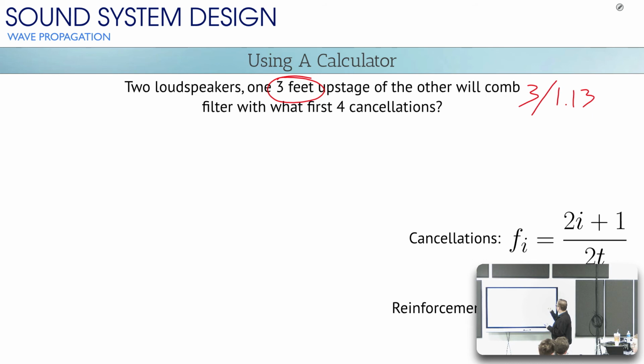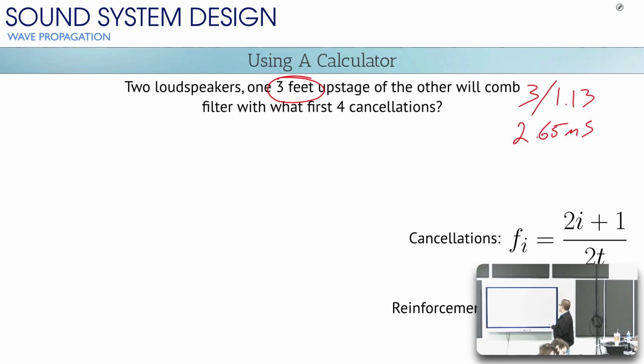So 3 divided by 1.13, because it's 1.13 feet per millisecond. I got 2.65 milliseconds. Okay? Anybody else get 2.65? That's what I got. Andre got 2.65? Okay, good. Must be right.